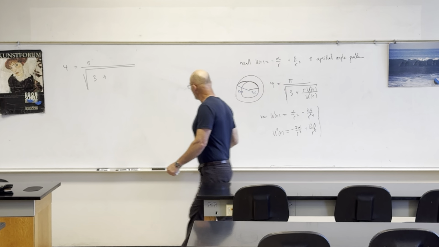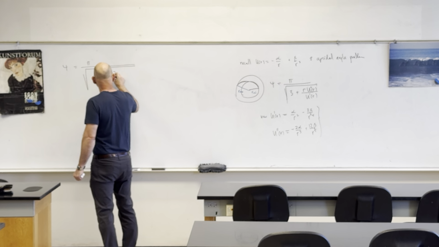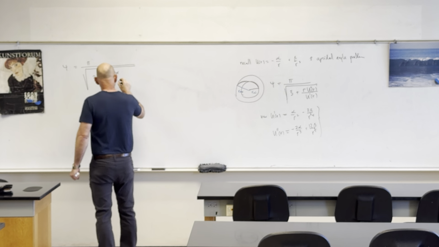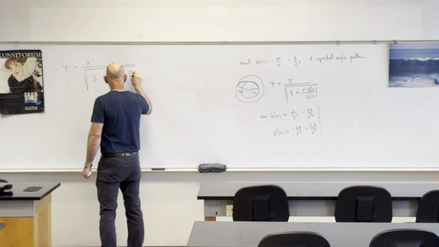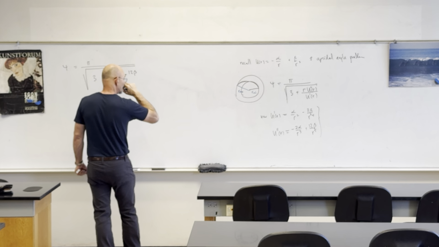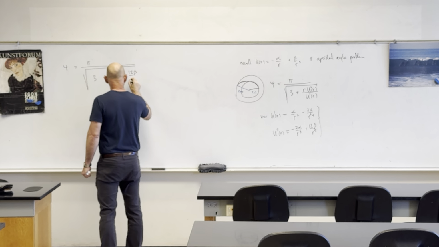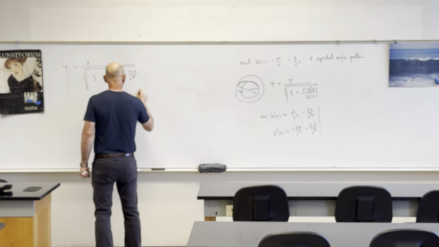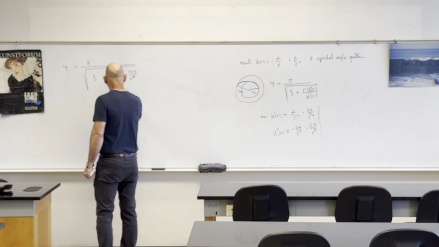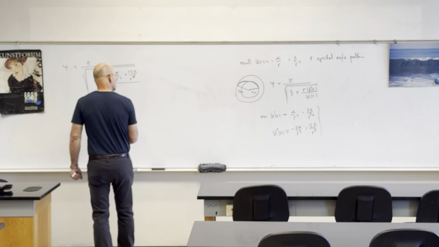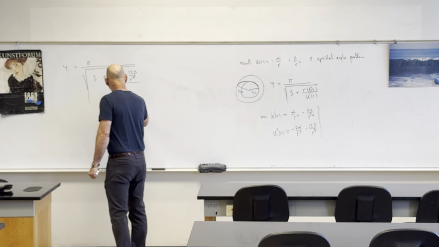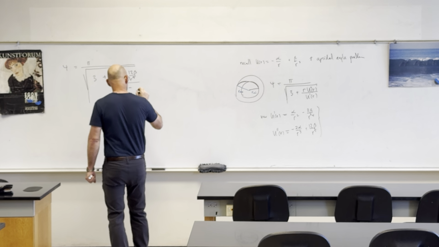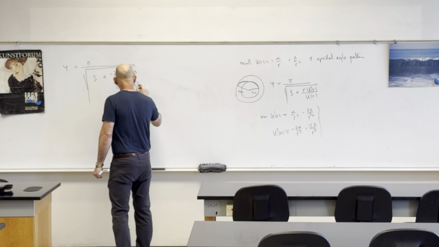So it'll be negative 2 alpha over R squared plus 12 beta over R to the fifth, divided by alpha over R squared minus 3 beta over R to the fourth.